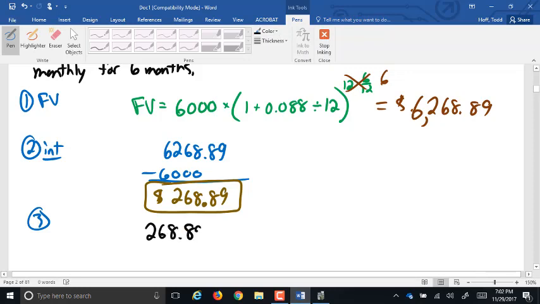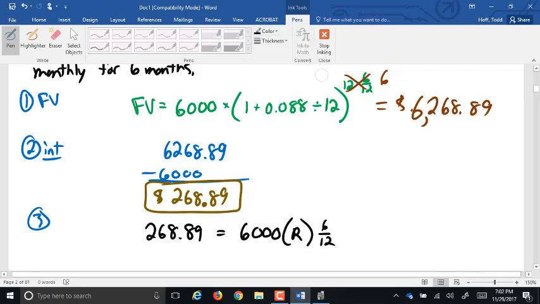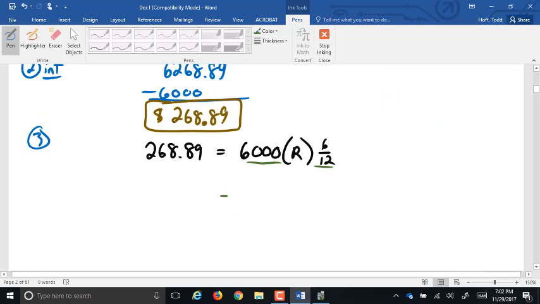So 268.89 equals 6,000 times R times 6 twelfths. 6,000 times 6 twelfths is just 3,000.